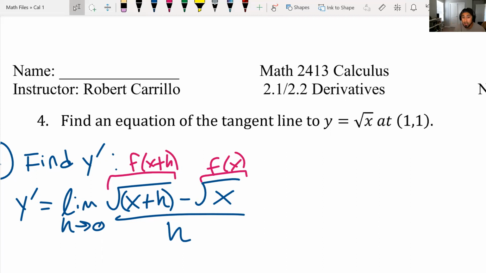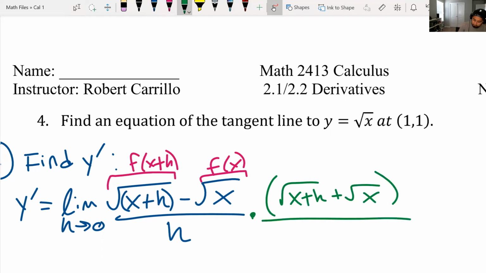We're going to conjugate this numerator. So let's multiply by the conjugate, which is square root of x plus h plus the square root of x, over square root of x plus h plus the square root of x. Okay, and now FOIL.